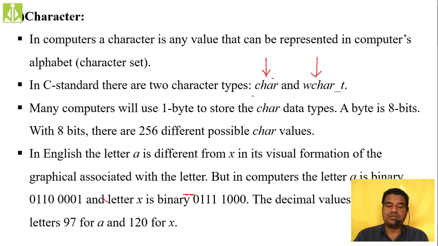Void, we said, has no values and no operations, so no memory is allocated. But this character type is going to allocate some amount of memory for your variable to store the value. How many bytes? 1 byte of memory.